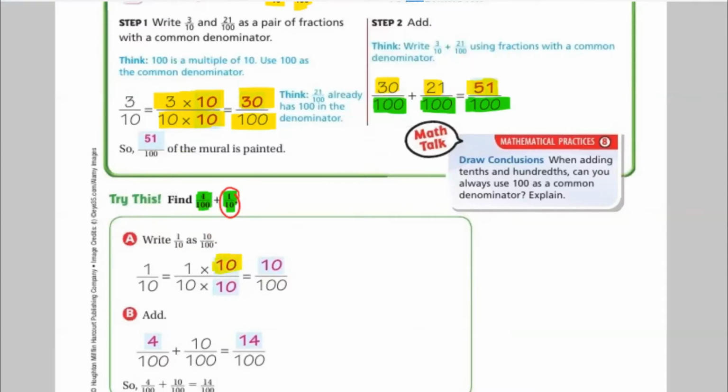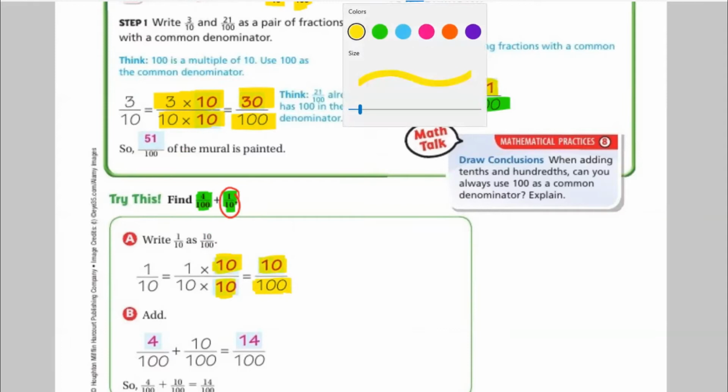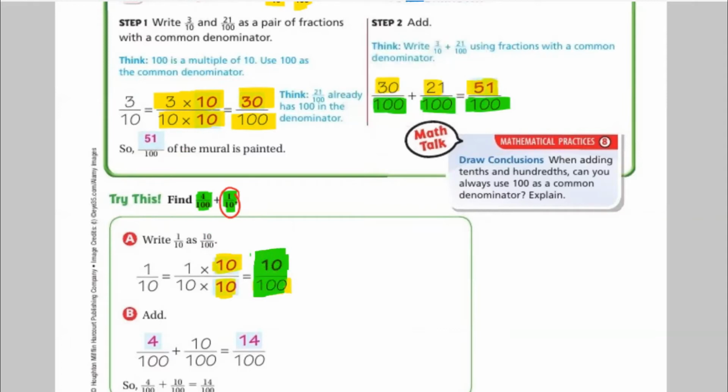So it becomes 10 over 100. And then we use this new fraction to add. So it will be 4 over 100 plus 10 over 100. Now we have the same denominator, so it will be easy to add. Just put the same denominator, 100, and add the numerators. 4 plus 10 equals 14. And that's it. Okay, write this guide, and then we're gonna move to the next page.